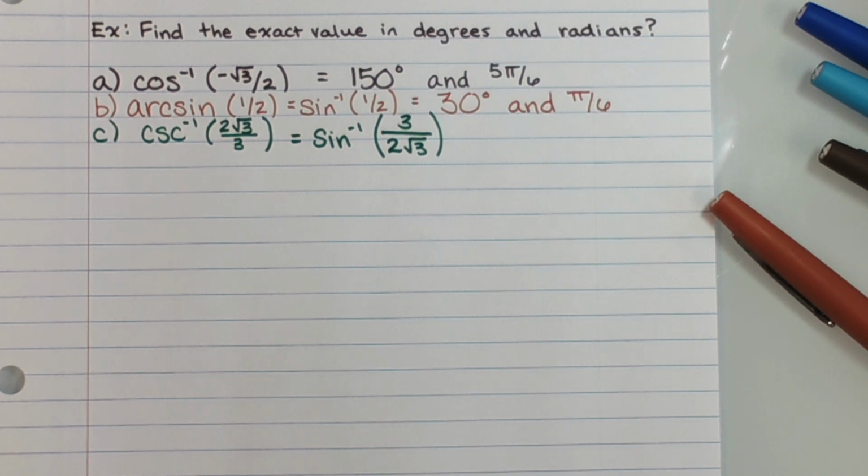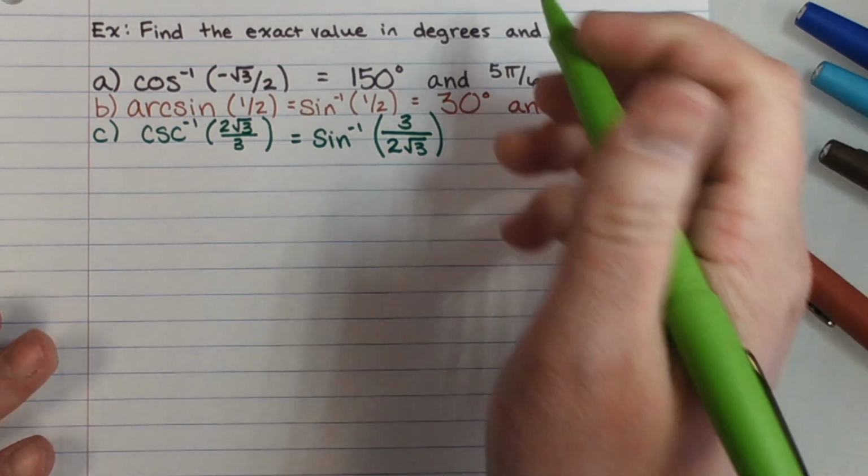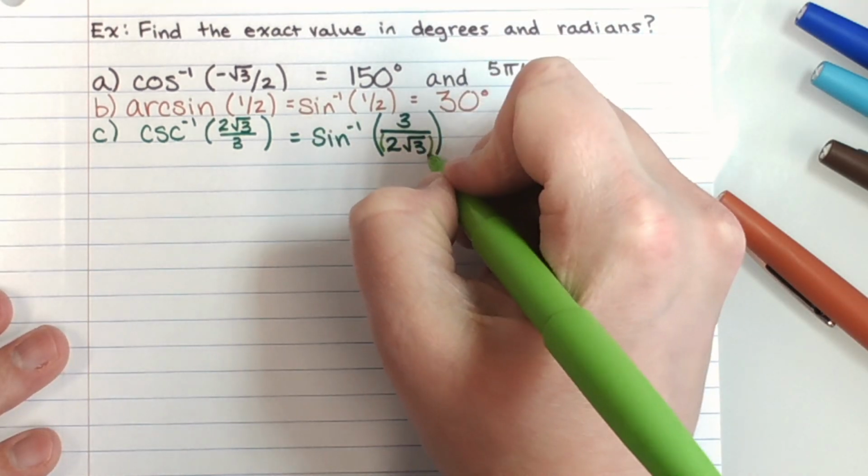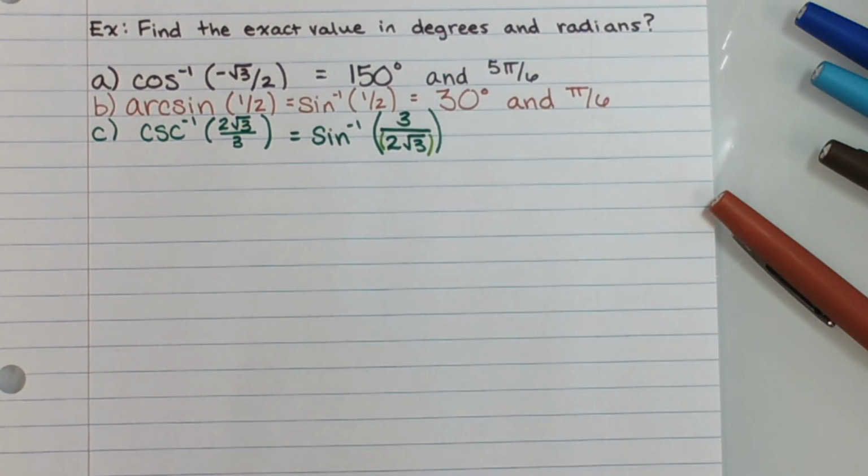It will do 3 divided by 2, times the square root of 3. Is that the same thing as that? No. If you've got multiple things in the denominator, make sure they go in parentheses. Put the parentheses around that 2 square root of 3. Then if you type it into your calculators, you should all get the same answer.